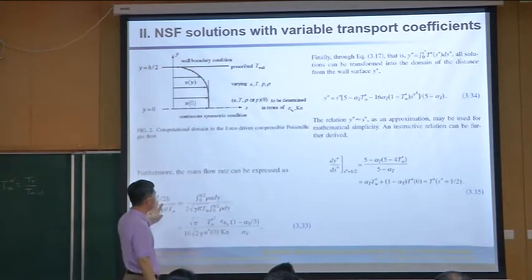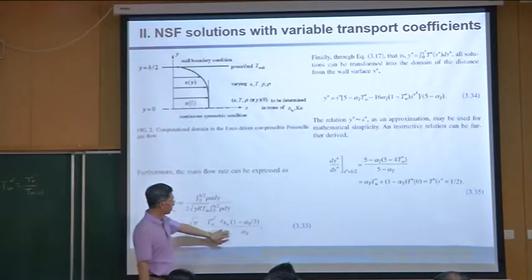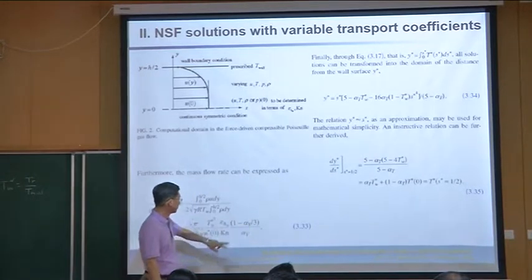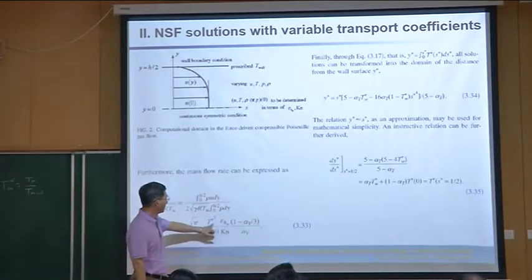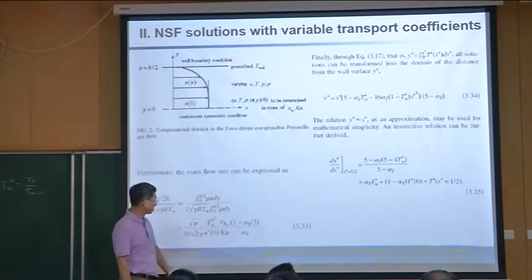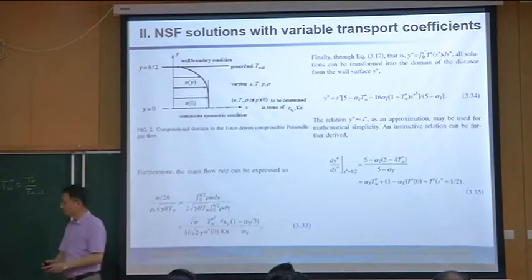And this mass flow rate, I already mentioned. That's basically a function of this slip coefficient alpha, remember, the degree of the non-equilibrium, and then U star zero, meaning the central velocity.